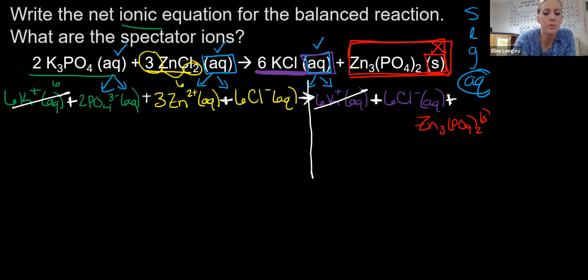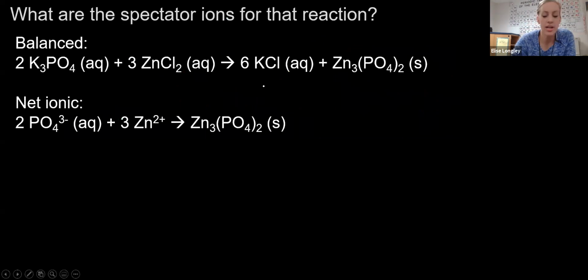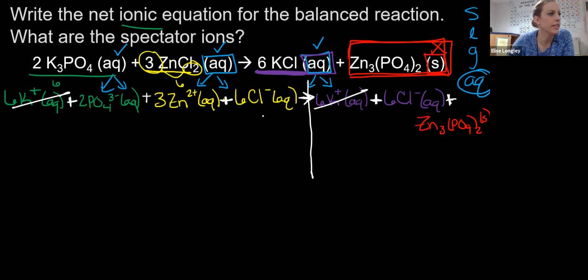Your mic is really quiet. I see that you're unmuted, and I can barely hear you, friend. Yeah, it'll be 6 chlorine. That got a little louder at the end there. Thank you. So 6 chlorine is exactly the same on both sides. Therefore, it's not part of the reaction.